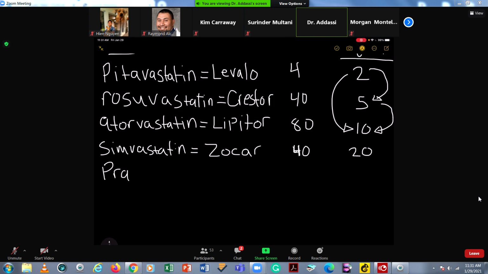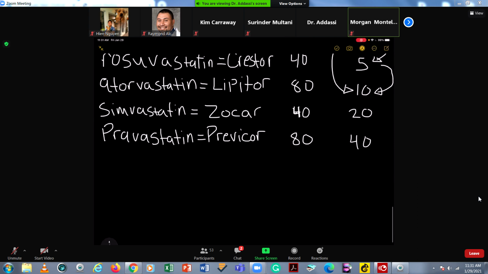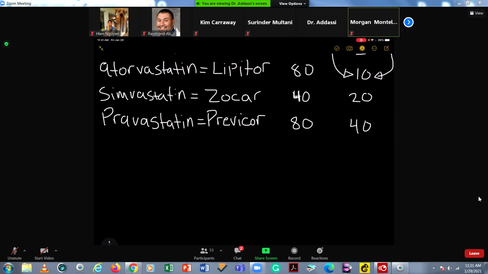Next up, pravastatin. Brand name is Prevacor. Max dose is 80. And then the equivalent dose is 40. Next up, we have lovastatin.